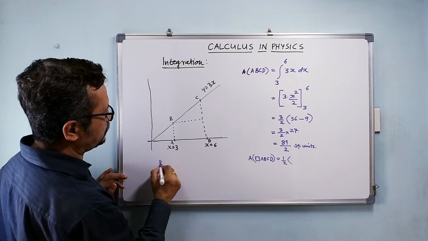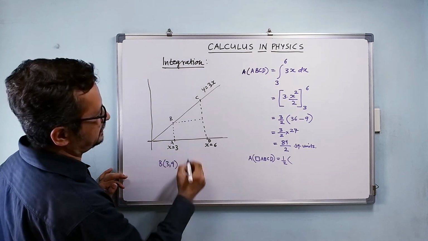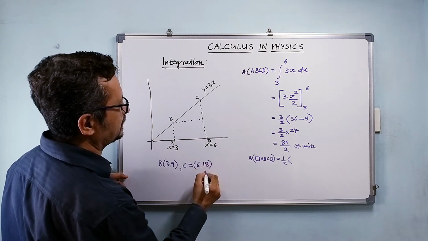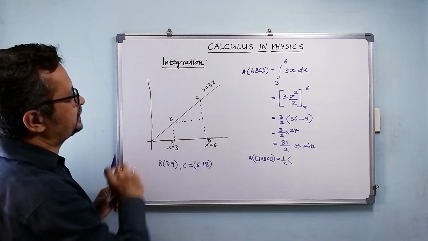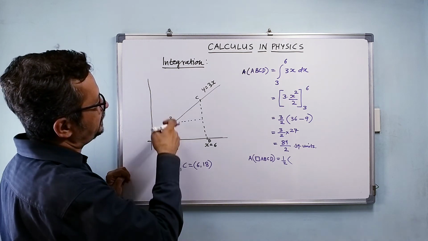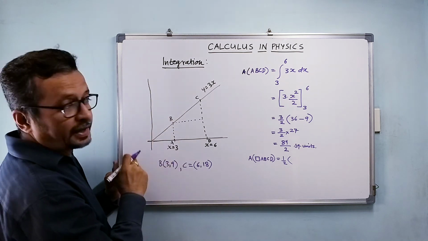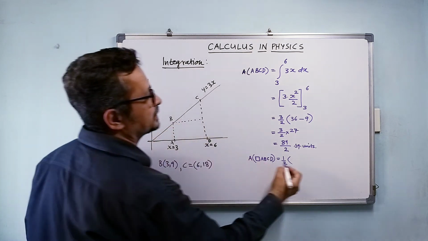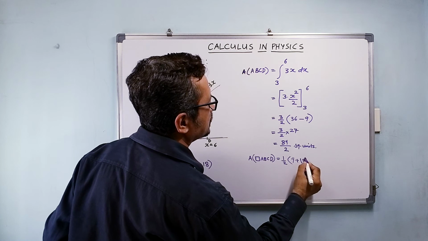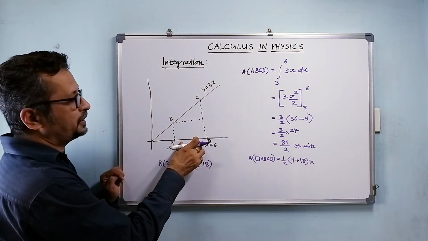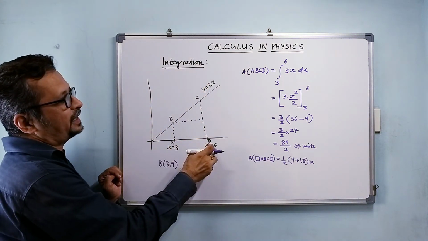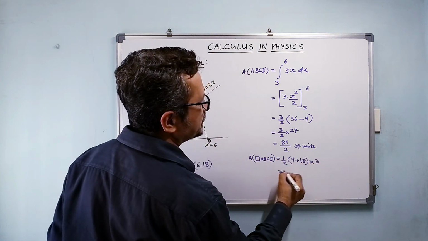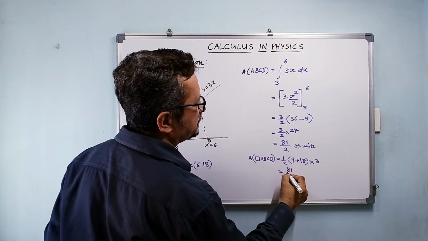So B is equal to 3 comma 9 and C is equal to 6 comma 18, correct? So what is the length of this? It is the y coordinate of B, so it would be 9 here and 18 here, into this distance, so 3 and 6, 6 minus 3 is 3, so it is 27 into 3 by 2, which is 81 by 2.